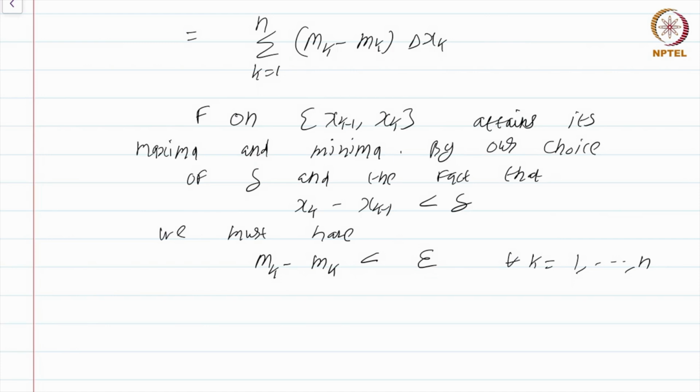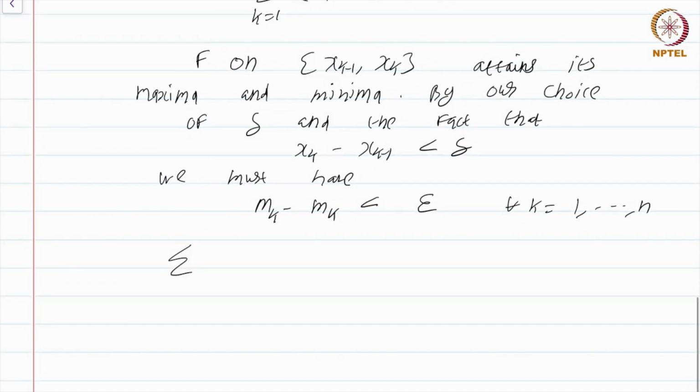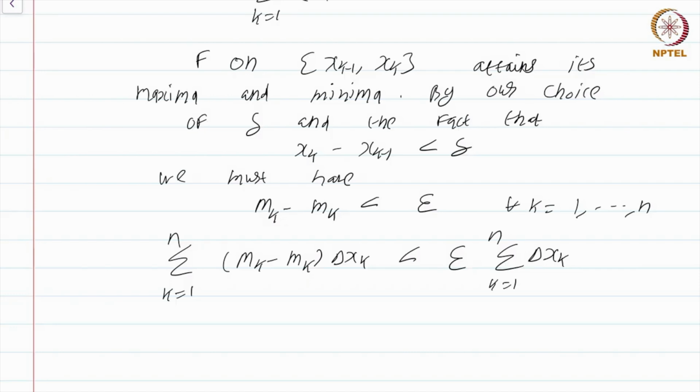That just means the summation k equals 1 to n of (Mk minus small mk) delta xk has got to be less than epsilon times the summation k equals 1 to n of delta xk. And thinking about what this summation of delta xk is, you will see that this is just epsilon times b minus a.